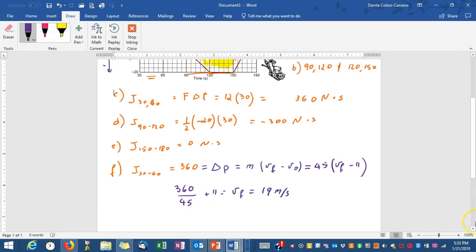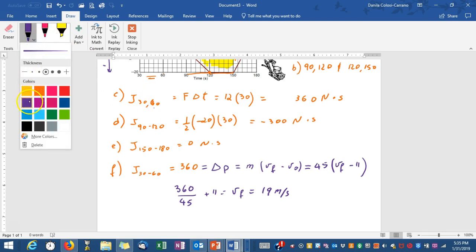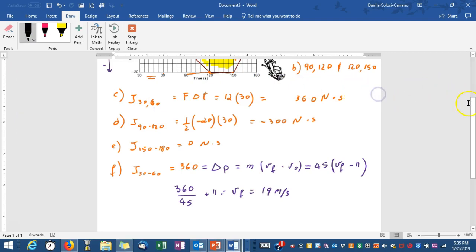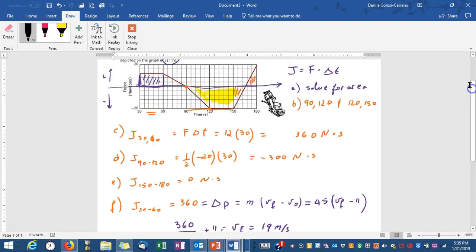So next question is G, and they want us to calculate the final velocity at the 120 mark. So for this one, I would say we need to think a little bit more carefully, because the 120 mark is over here, right?